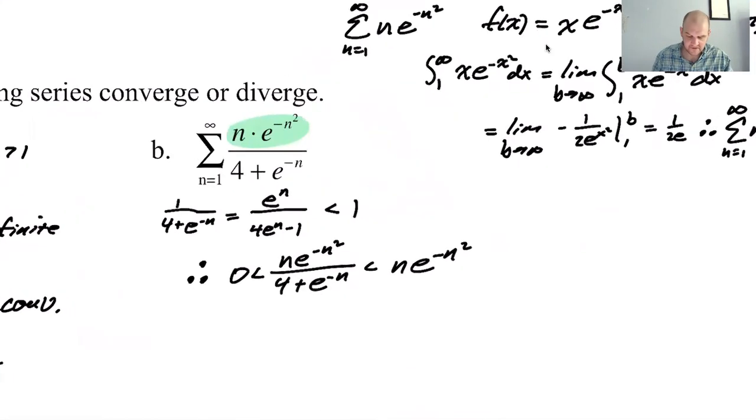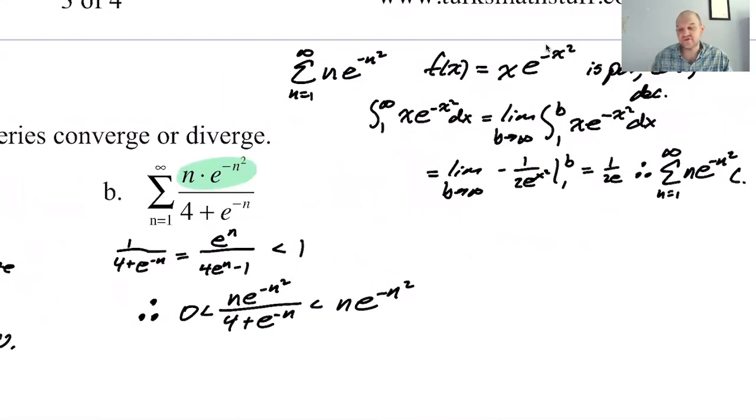What I decided to do was take the numerator and do the integral test on it, and then because I now know that that series converges, do direct comparison. And it only works because of this little bit right here. Since this thing in the middle is less than 1, and it's easy to see that, we can do this.